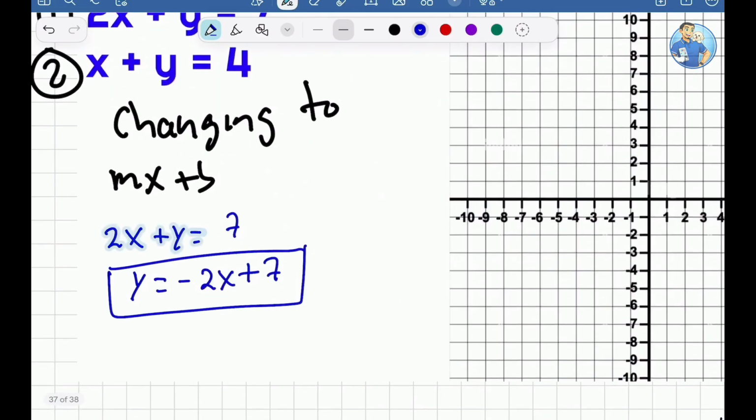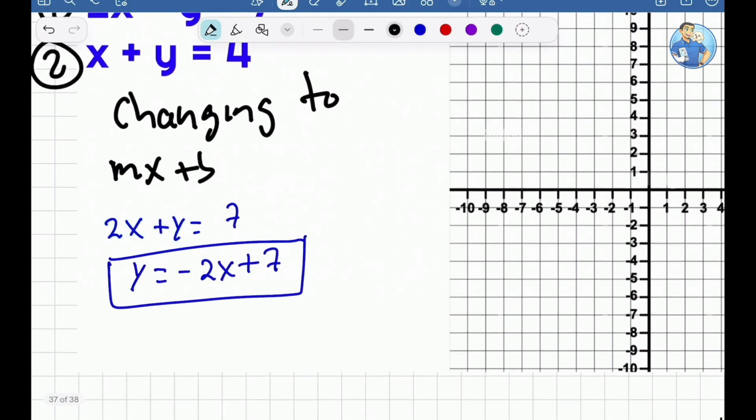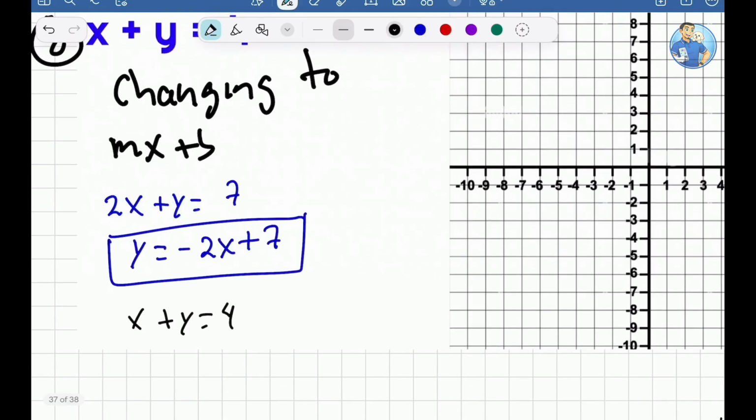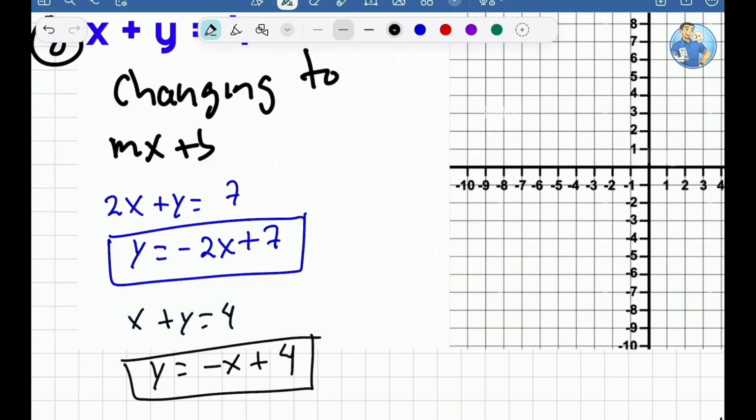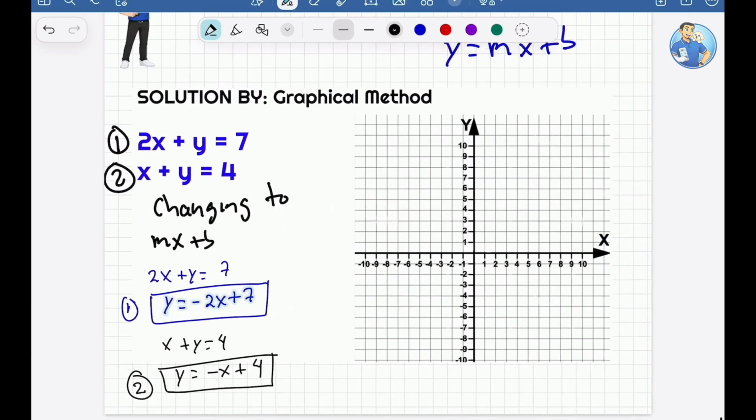And then the second one, we can move the x. Again, using the opposite operation, it would be minus x plus 4. So now we have equation 1 and equation 2 using mx plus b. What can we say about this?